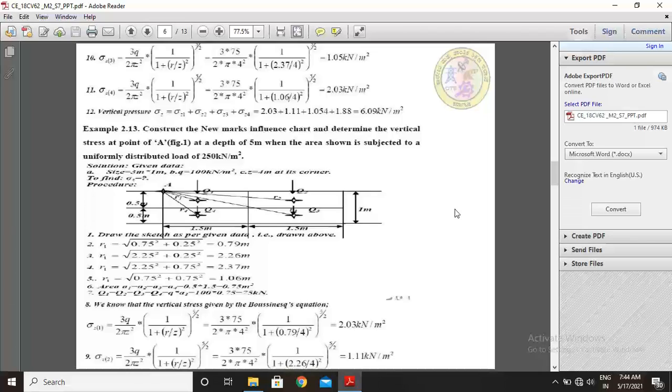Now follow the same steps. Solution, given data: size is 3 meter into 1 meter, load q is 100 kilonewton per meter square, and z is 4 meter at the corner. To find sigma z.